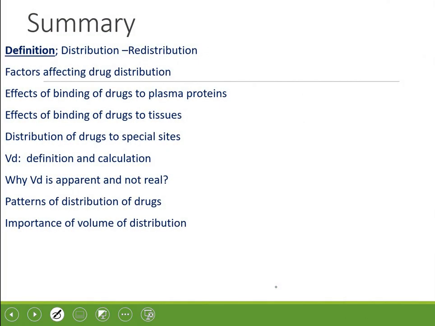And in summary, distribution and redistribution of drugs, like we talked about with phenytoin and propofol, can be very important, especially in the recovery phase when you use such a drug for anesthetic purposes, for induction and maintenance of anesthesia.